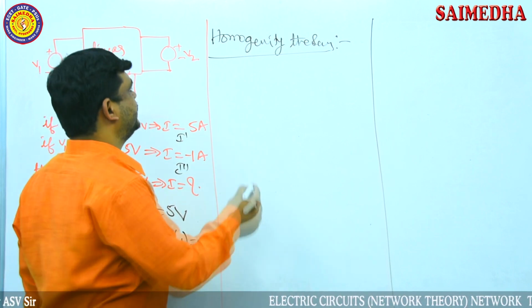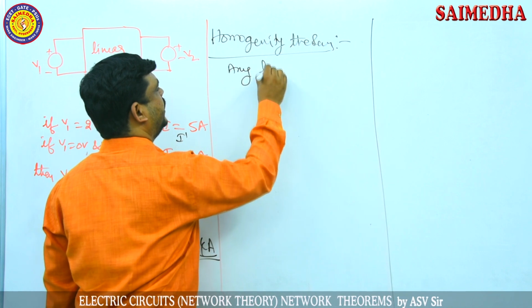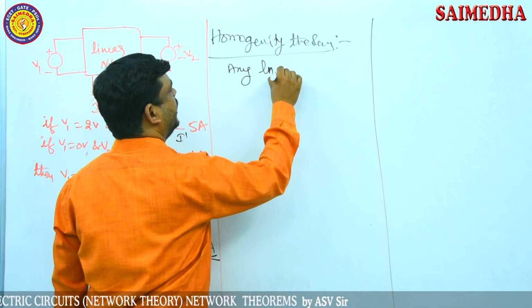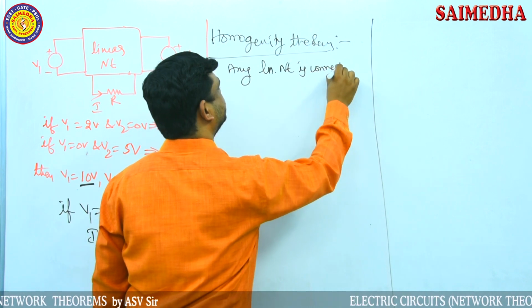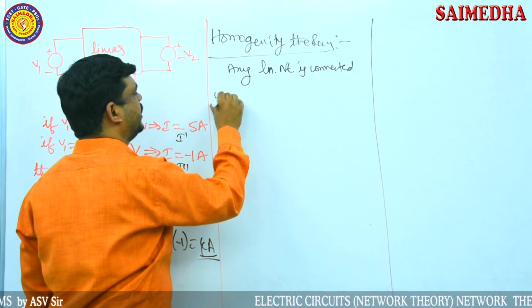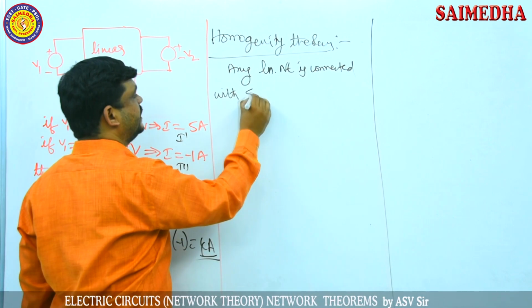The homogeneity theorem explains: any linear network is connected with a single source. This is applicable if it is connected with a single source.